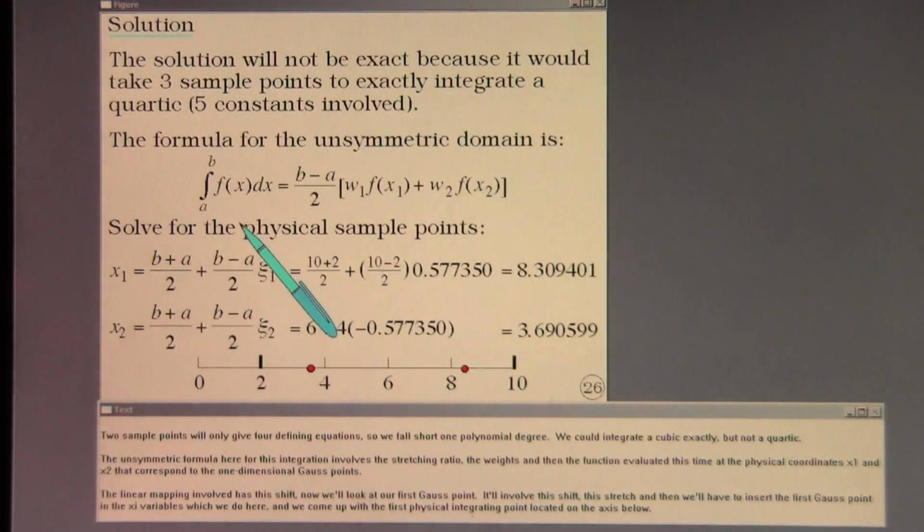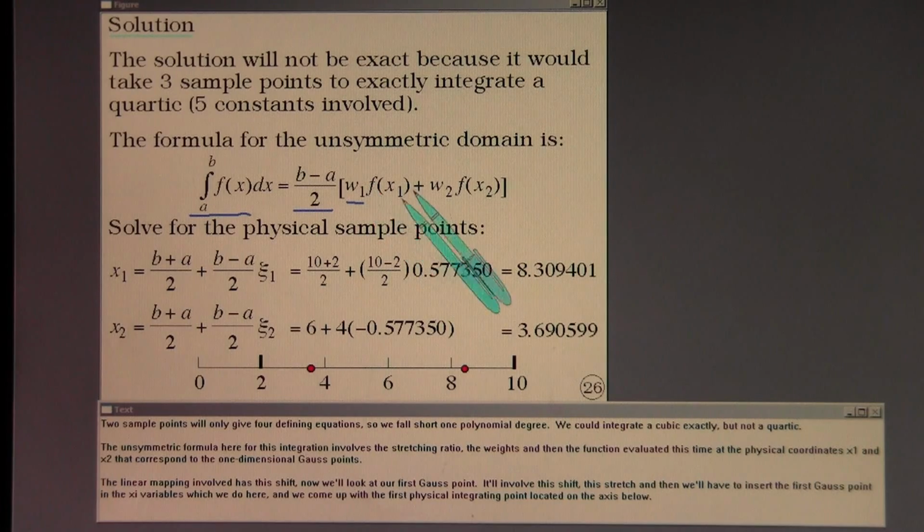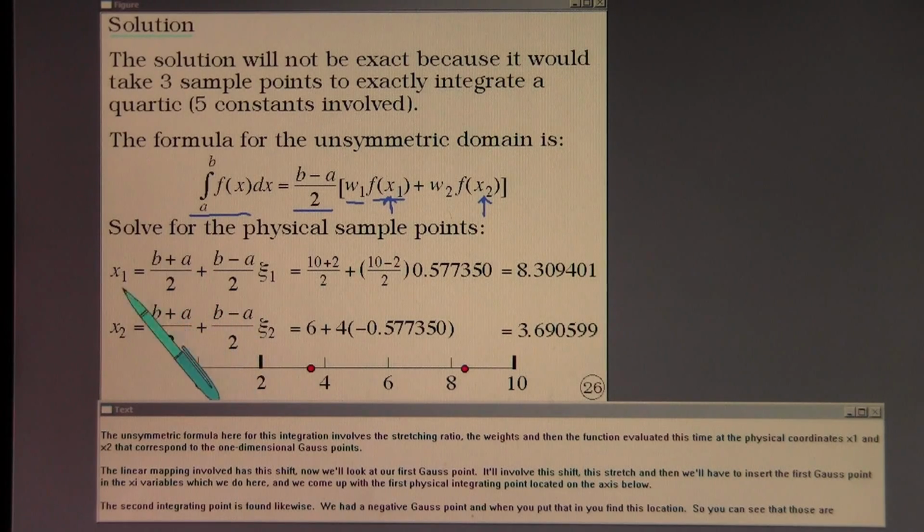The unsymmetric formula here for this integration involves the stretching ratio, the weights, and then the function evaluated this time at the physical coordinates x1 and x2 that correspond to the one-dimensional Gauss points.